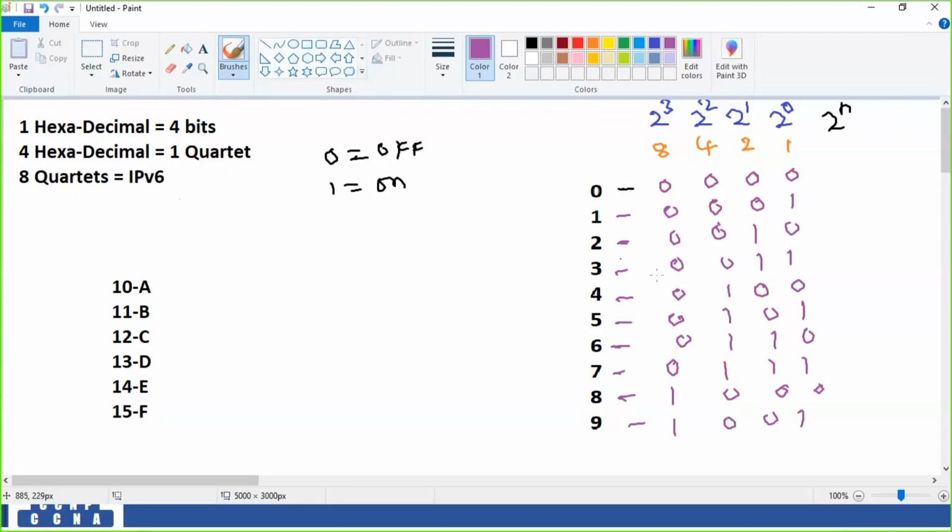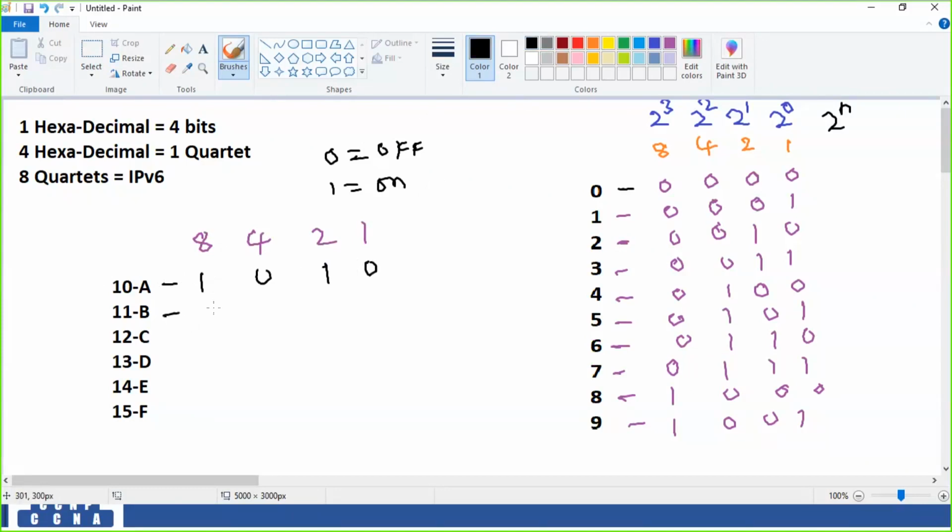One hexadecimal digit is equal to 4 bits. If you take any one number, it is 4 bits, with place values 8, 4, 2, 1. And how about A? A is 10, which means 1010.